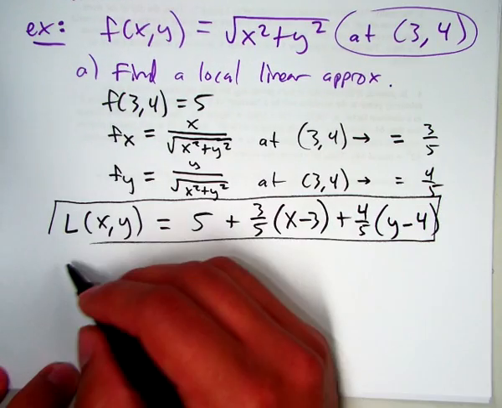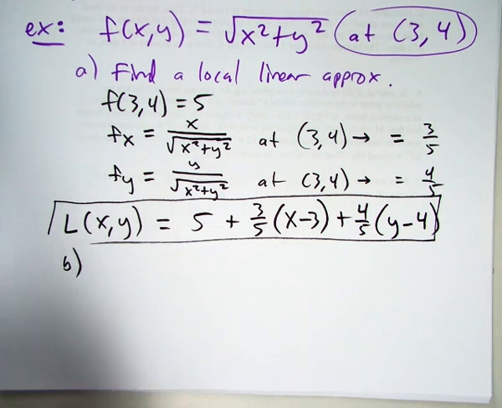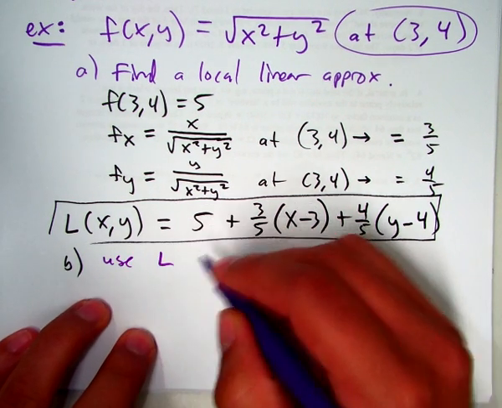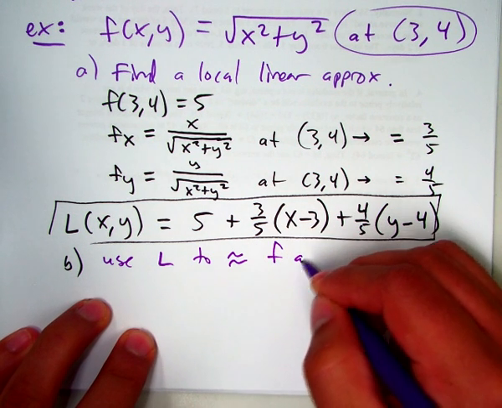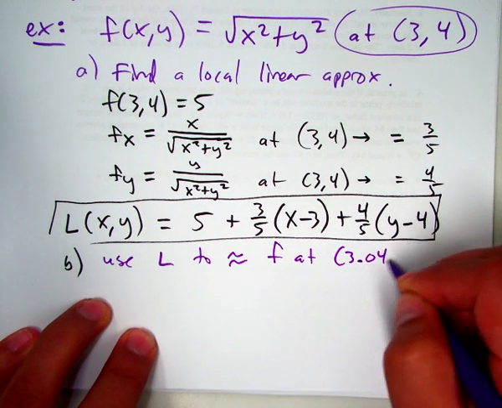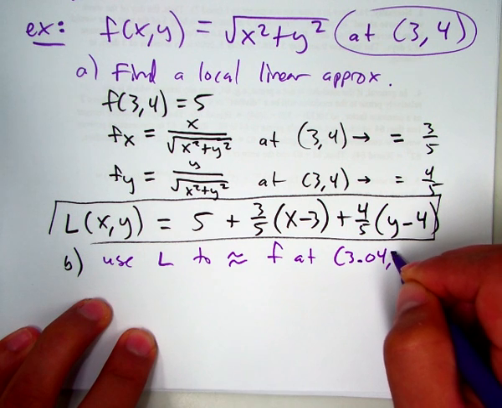So why don't you guys do this one? Let's approximate, use L to approximate f at the point 3.04, 3.98.